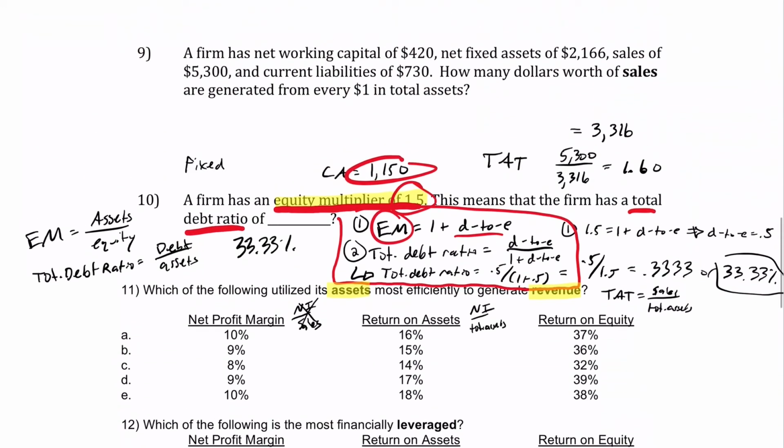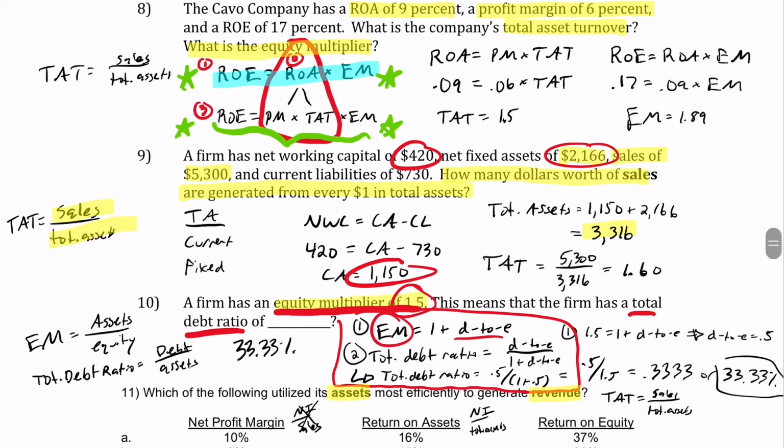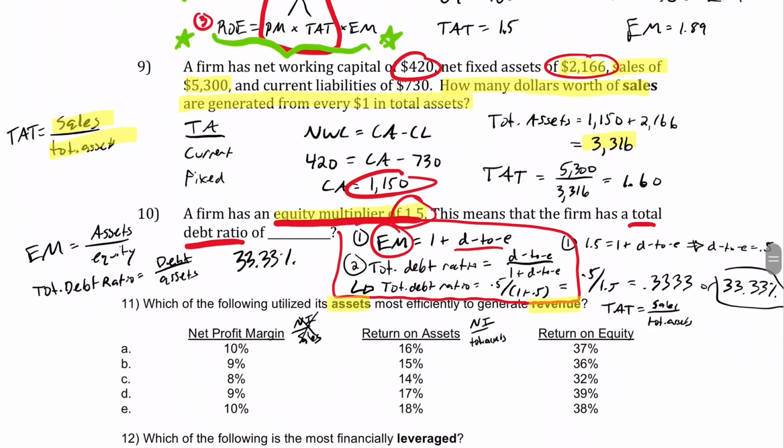However, if you were to go back up to question 8 here in particular, the different parts of the DuPont, and I see that total asset turnover there in step 2 and step 3. In particular, looking at step 2, we can see that ROA is equal to profit margin times total asset turnover.